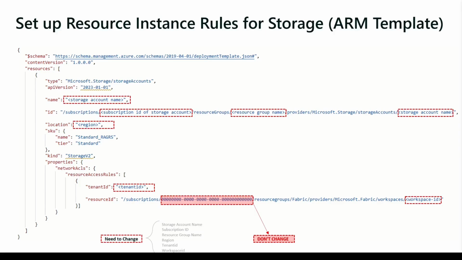You have to replace the dotted square box values with your storage account, subscription, resource group, tenant ID, and Fabric workspace ID details. Make sure you are not changing any value of the red highlighted square box.